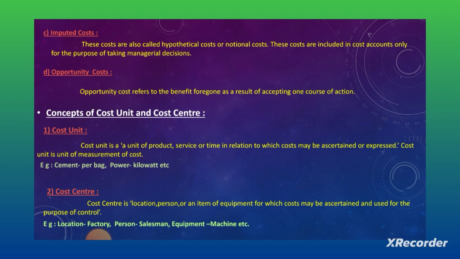For example, cement. Cement is the product and the cost unit for cement is per bag. Like that, power is the product and kilowatt is the cost unit for power, etc.